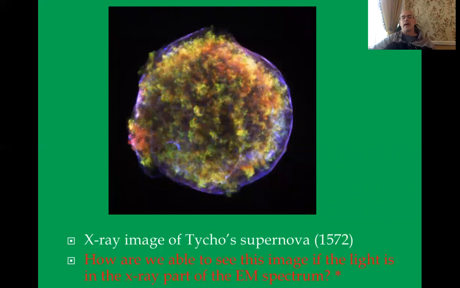Now, how are we able to see this image if the light is in the X-ray part of the spectrum? As you know, X-rays are not visible. So how is it that you're able to look at this picture if X-rays are not visible? I'll let you maybe pause and write down an answer about that. And now that you've paused and written down your answer, you should remember that we've talked about something called false color imaging.